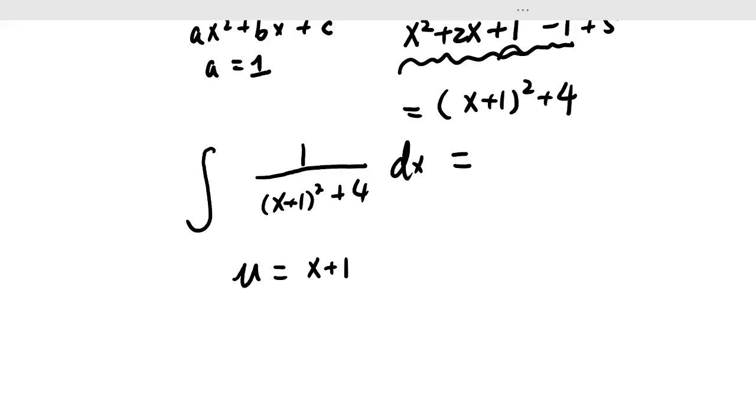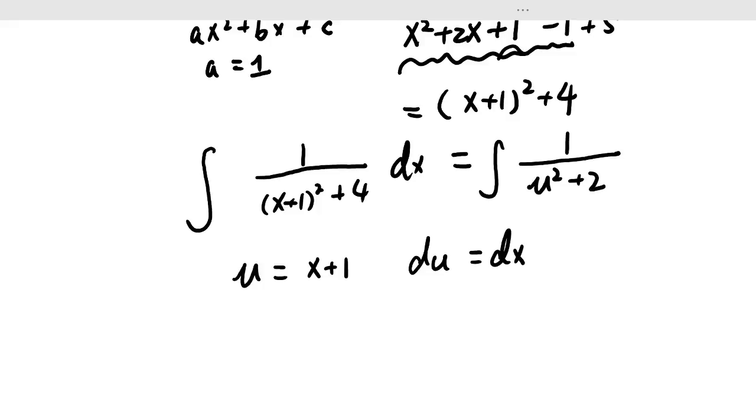If it's 2x plus 1, something different comes up. So u is x plus 1. Then I take the derivative on both sides, so du equals dx. We replace everything by u, so here we have u squared plus 2 squared du.